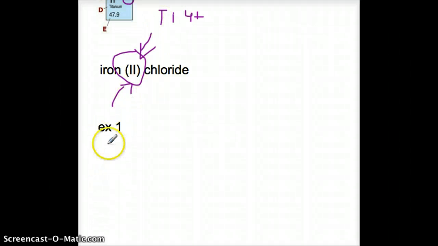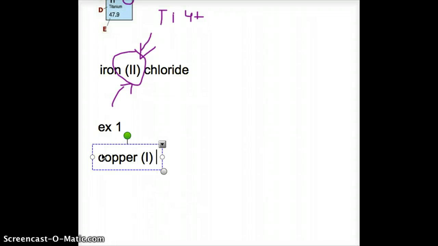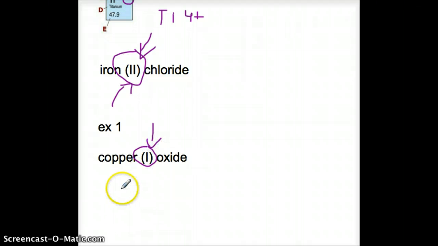So in this example, we will have copper 1 oxide. Right away we know that there are brackets and a Roman numeral of 1. Therefore, the oxidation number of copper, which is our metal, is 1.